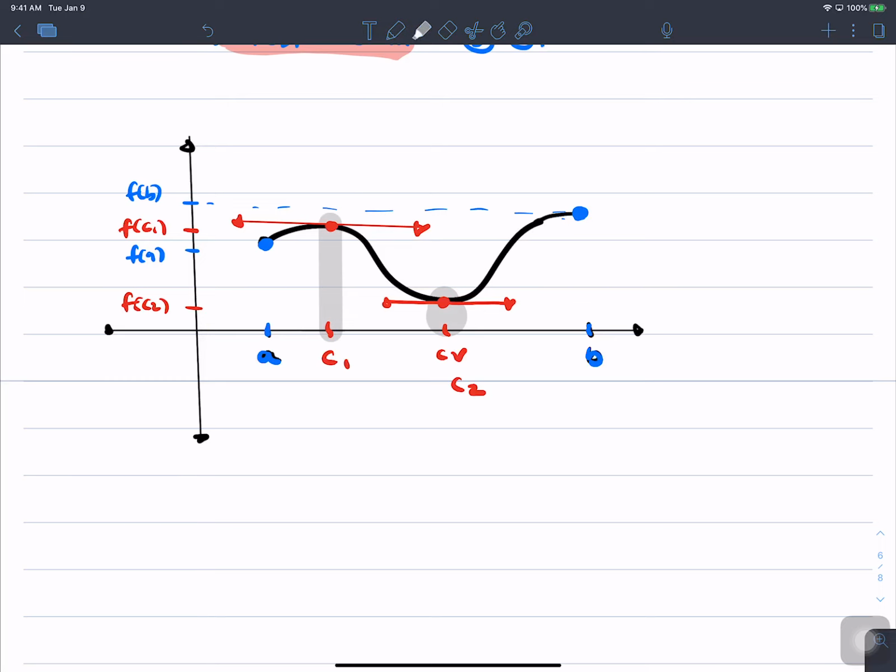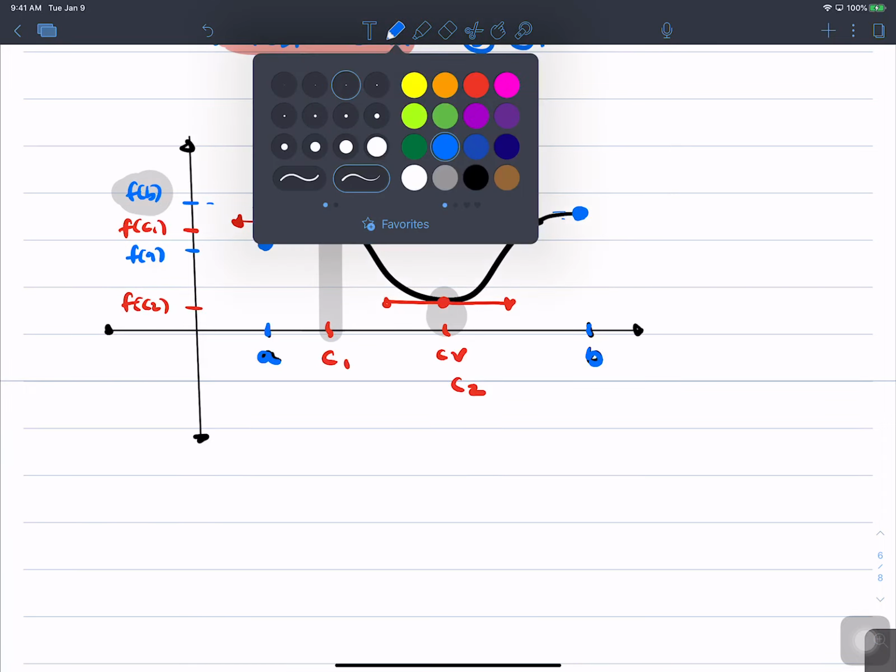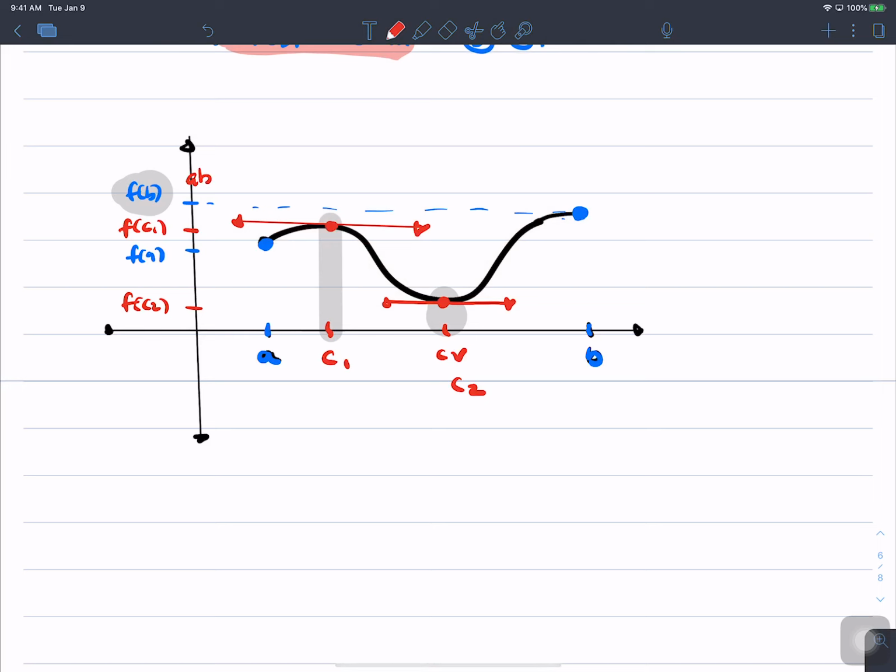Now, the largest value in this picture, this one's the max right here, f of B. So that's going to be our absolute max over that interval. And then over here is the smallest altitude. So that's your absolute min.